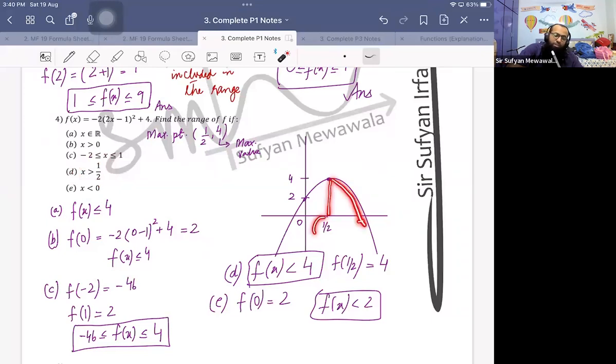This half is not included in the domain. There is no equals to sign over here. If there had been x greater than or equal to half, we would have written f(x) less than or equal to 4. But this 4 comes at 1/2, and 1/2 is not included in the domain. It is written in the domain as 1/2, but without the equals to sign, so it is not included. Therefore we will substitute 1/2 and get 4, but just as half is not included, 4 is also not included. Hence the answer will be f(x) less than 4.